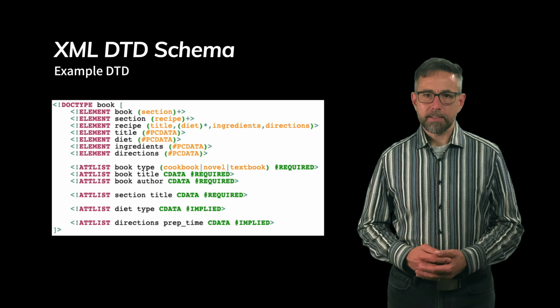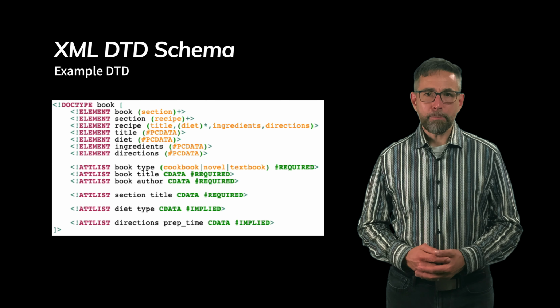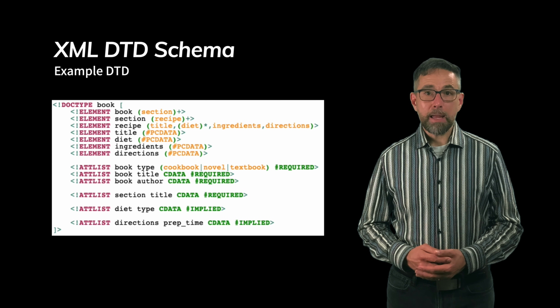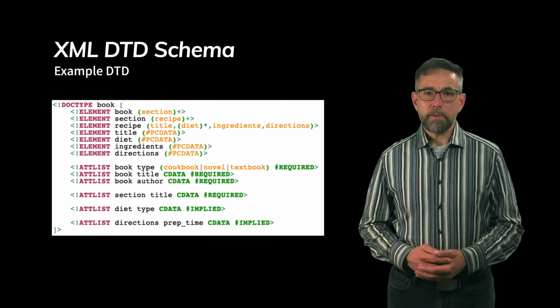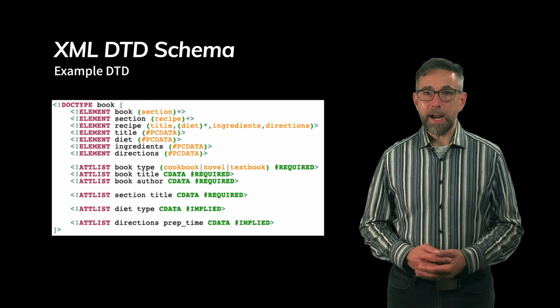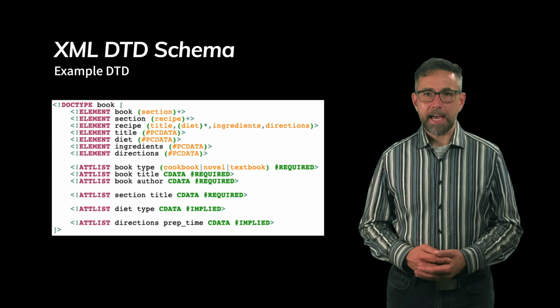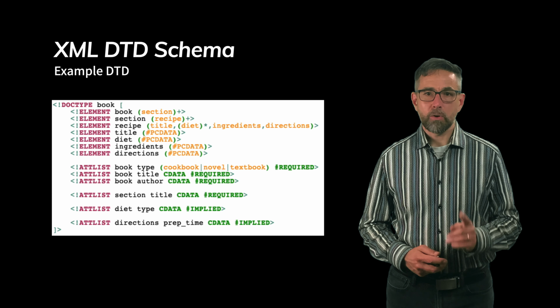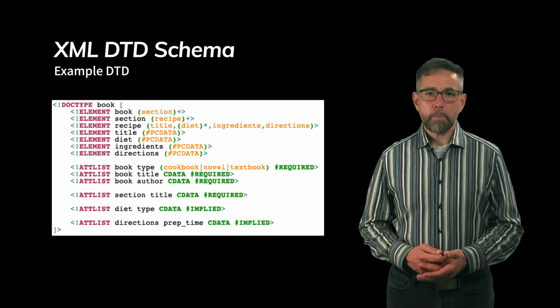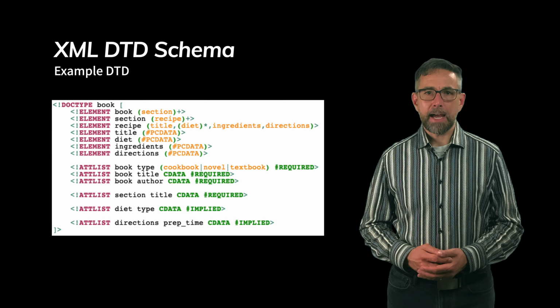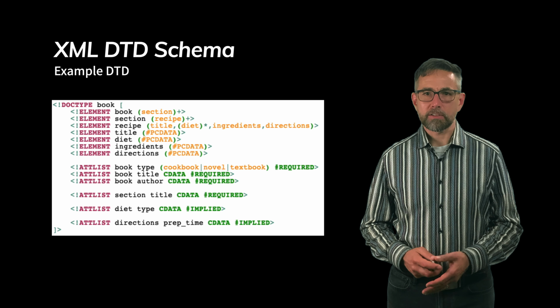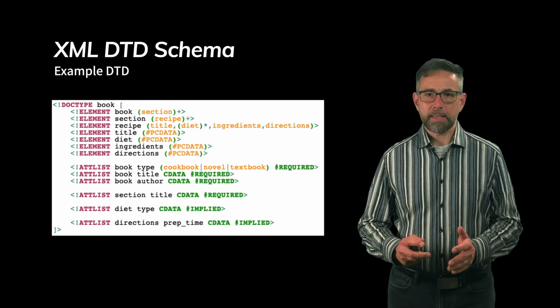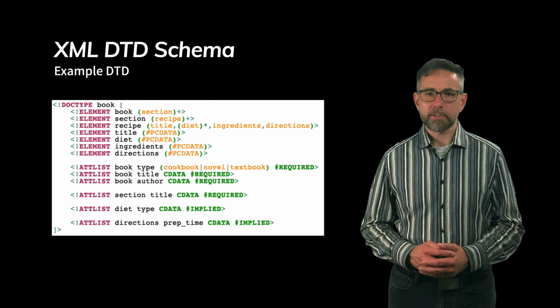This structure means that diet is optional, and there may be more than one. So it would be valid to have title, ingredients, and directions as children and no diet tag, or it would be valid to have title, diet, ingredients, directions, one diet tag, or it would be valid to have title, diet, diet, diet, ingredients, and directions, multiple diet tags. That's what that particular structure allows.